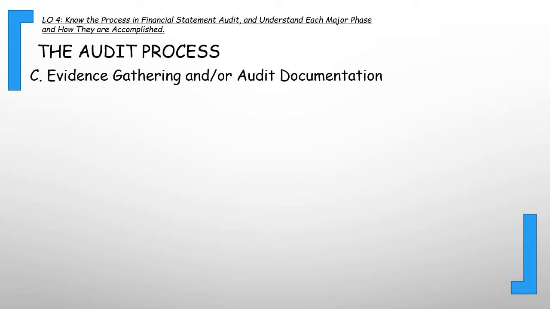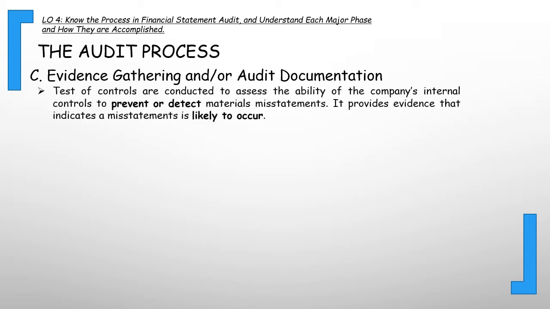Next is evidence gathering or audit documentation. Tests of controls are conducted to assess the ability of the company's internal controls to prevent or detect material misstatements. It provides evidence that indicates a misstatement is likely to occur. Okay?